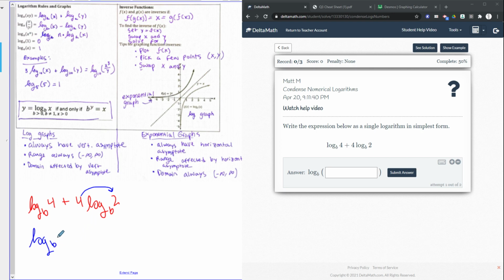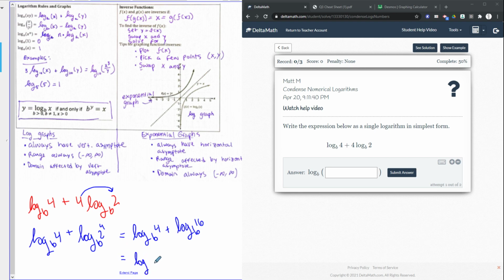So this is log base b of 4 plus log base b of 2 to the 4th. And 2 to the 4th is 16. So we have log base b of 4 plus log base b of 16. One more rule. When we're adding logarithms, we can condense it into multiplication of the stuff inside.